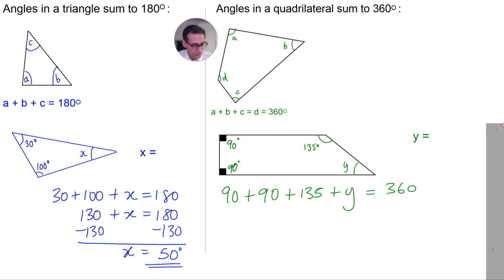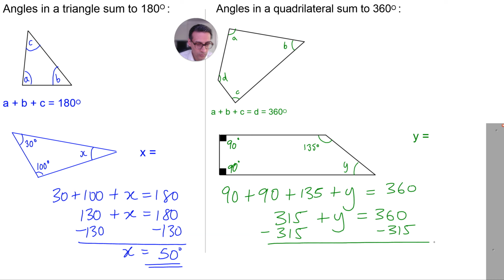So 90 and 90 is 180, and then 180 plus 135 is 315, plus y equals 360, and then we're going to take away 315 from both sides. So y is equal to 360 take away 315, 45 degrees. And that is it for that.